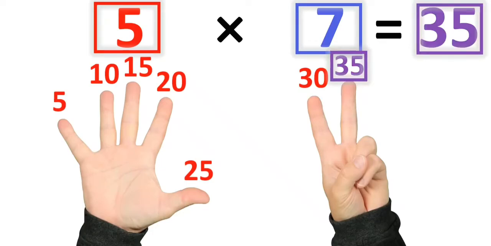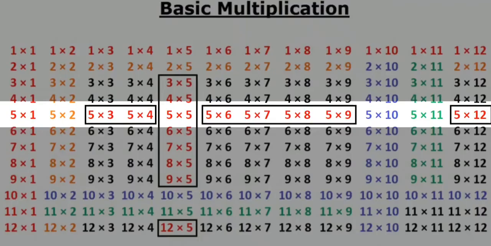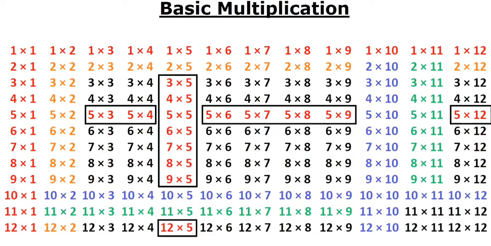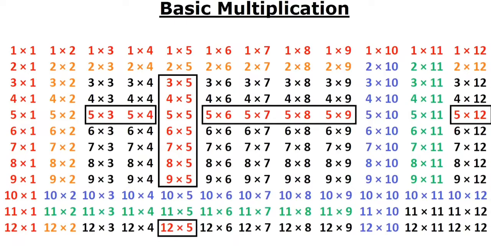Pretty simple, right? Well, now that you know 1 times 5 all the way to 12 times 5, that means you also know 5 times 1 all the way to 5 times 12. So in total, you now know 92 multiplication facts from just 5 rules, and there's only 52 remaining.